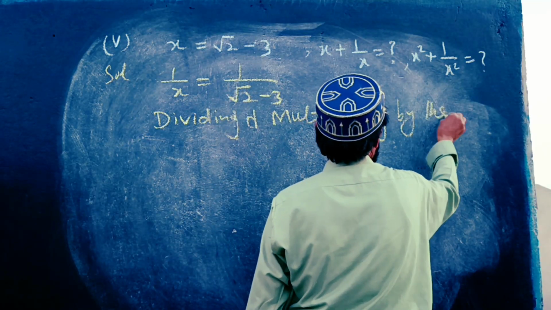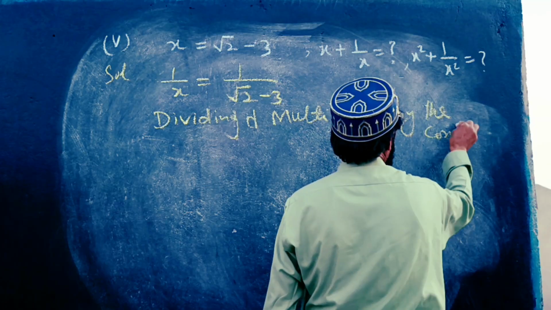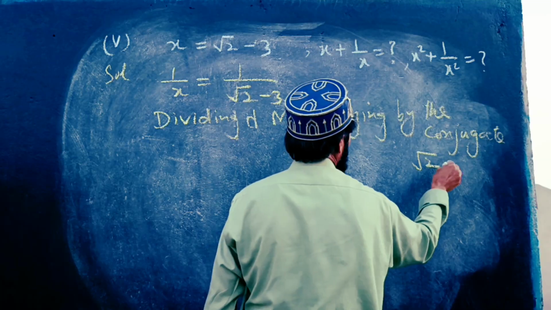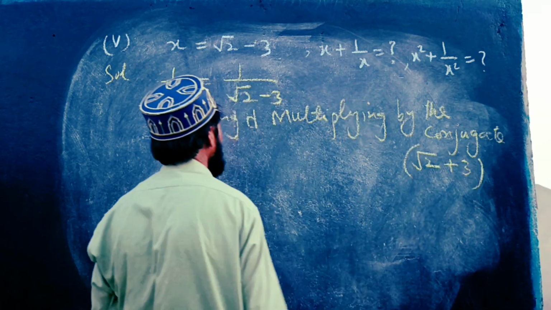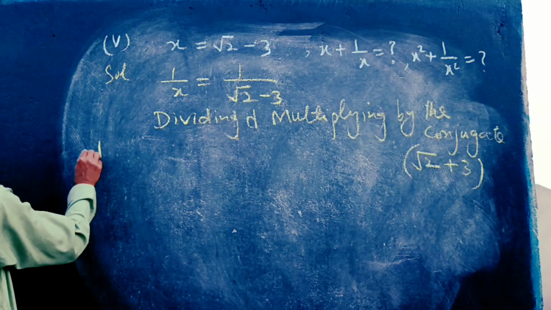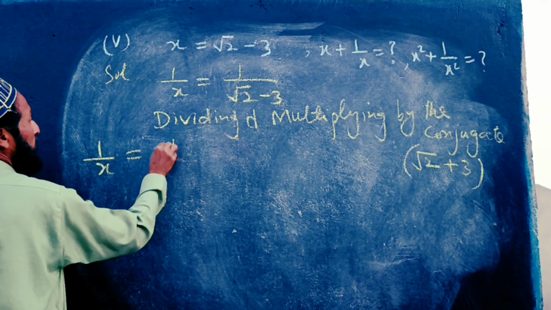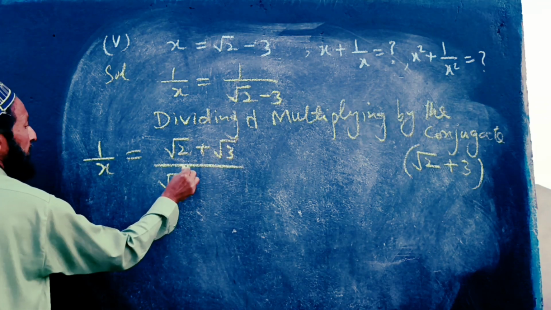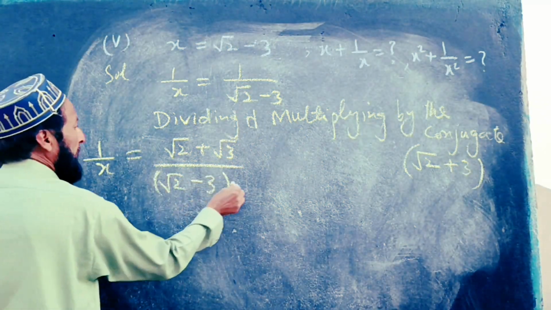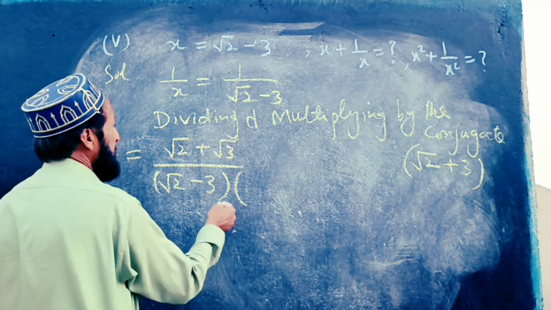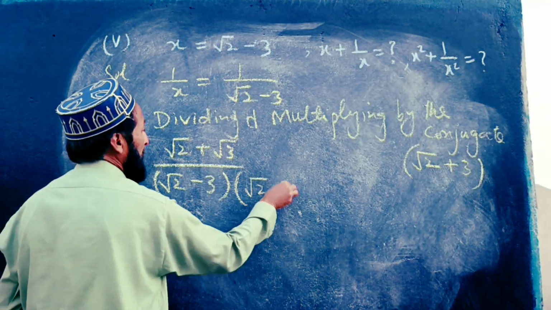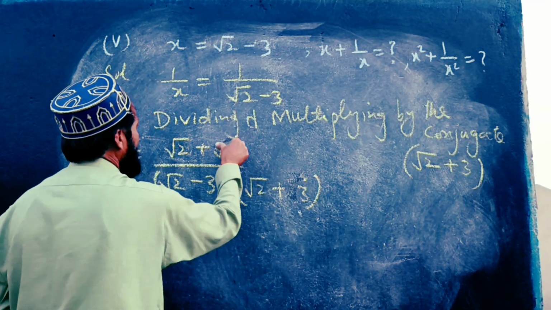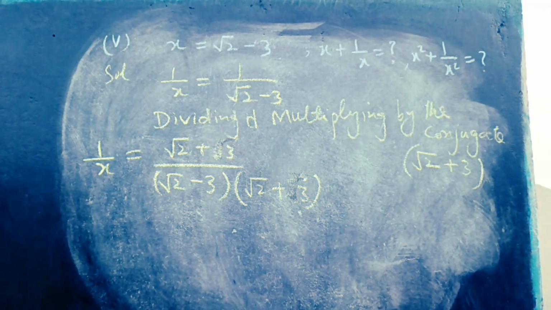Here the conjugate of this is square root of 2 plus 3. We divide and also multiply.